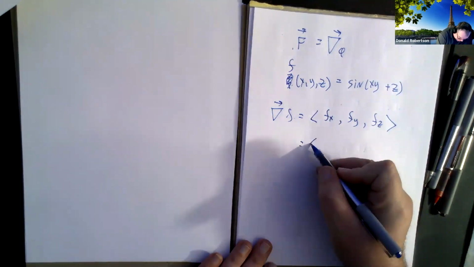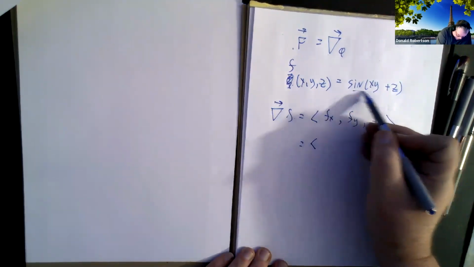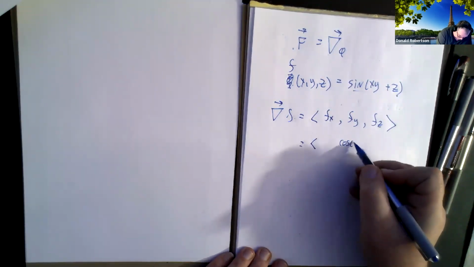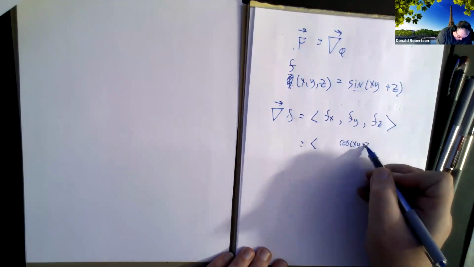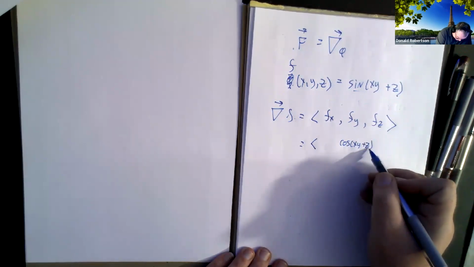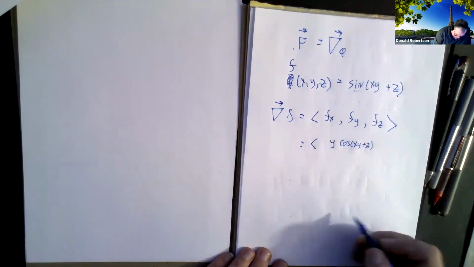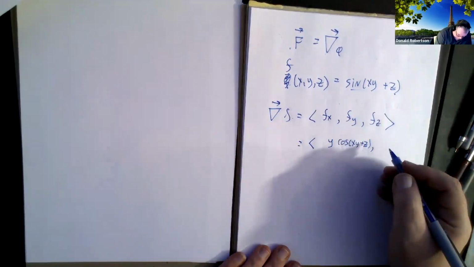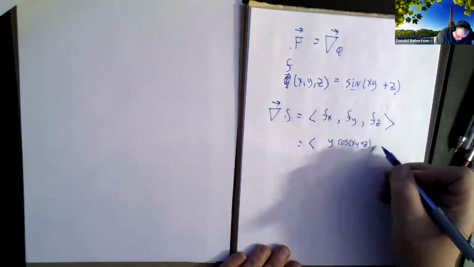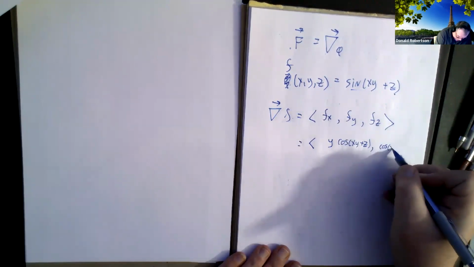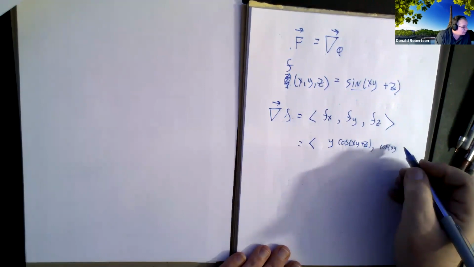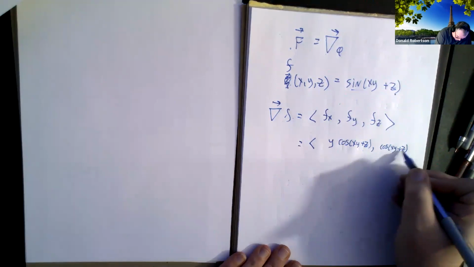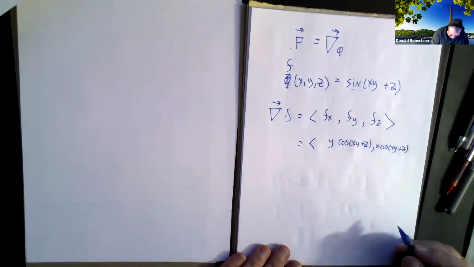So what do you have? Well, if you do a derivative of this guy with respect to x, you will get a cosine of xy plus z times the derivative of the inside function with respect to x. So I get that guy. If you do the middle one, with respect to y, you're going to get the cosine of xy plus z times the derivative of the inside with respect to y, which gives me an x.